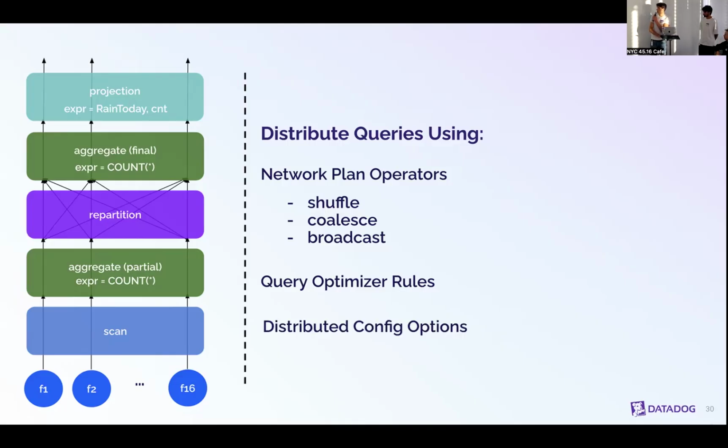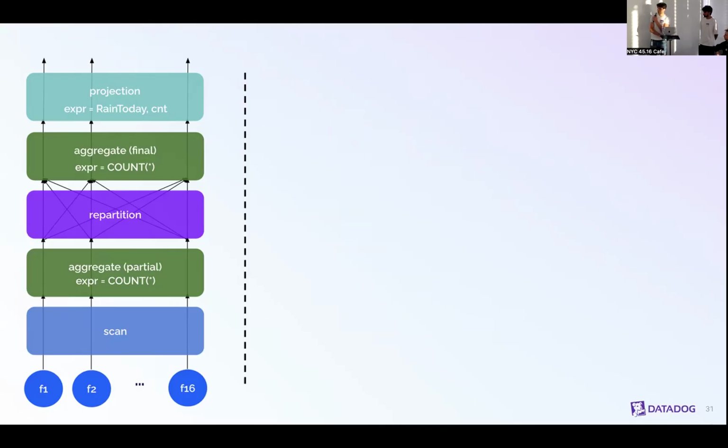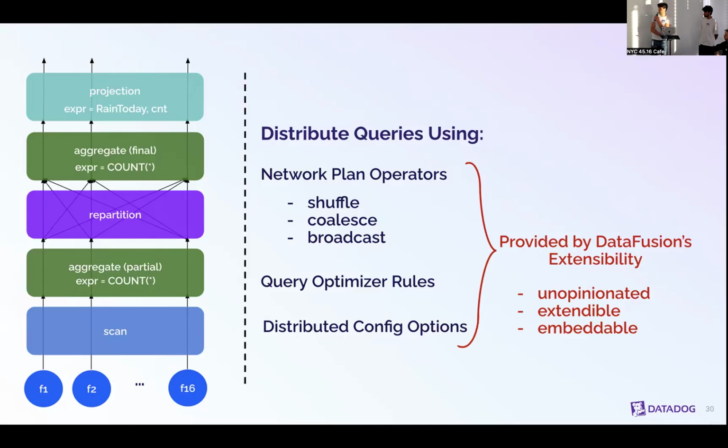We also have some distributed configuration options. Something important to note and just hammer home is that this is all provided by DataFusion's extensibility. We're trying to be as unopinionated as we can be and use DataFusion's primitives to create this distributed library.